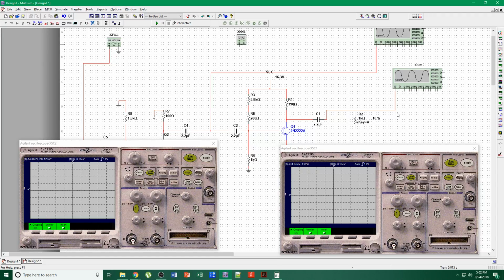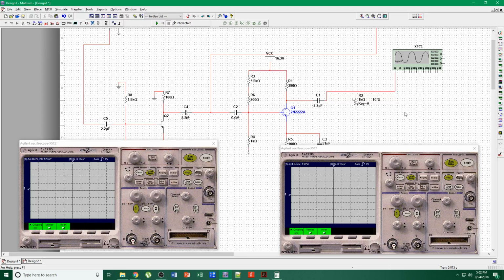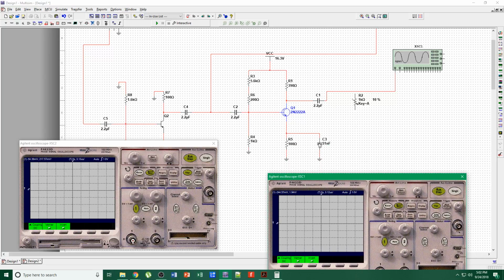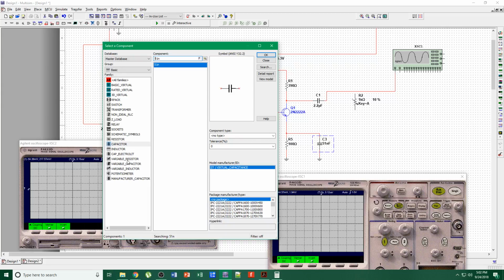So our voltages were wrong, but I could alter that in two ways. I could either, one, mess around with a cap here, so I'll replace this with a variable capacitor at 51 nanofarad. Actually, at 102 nanofarad.